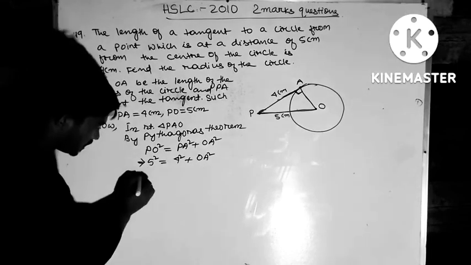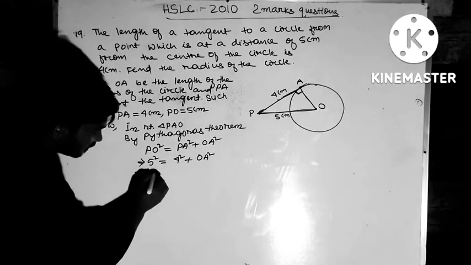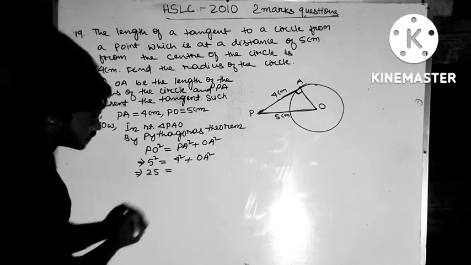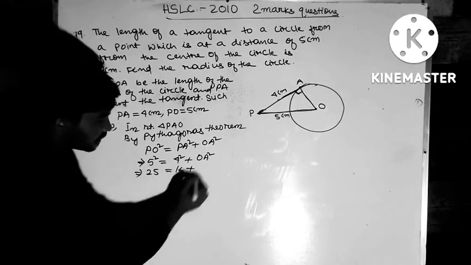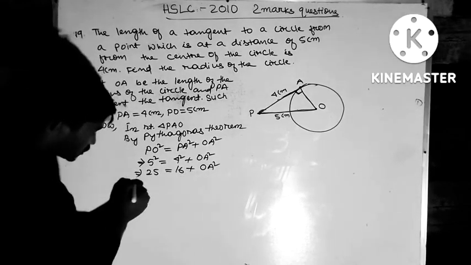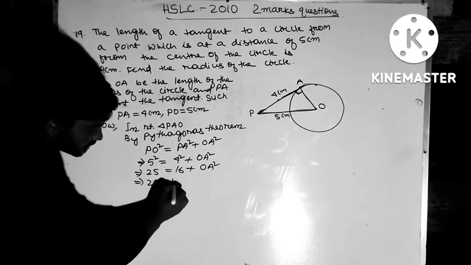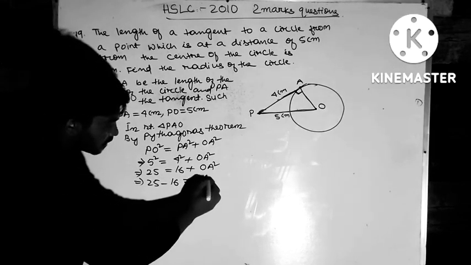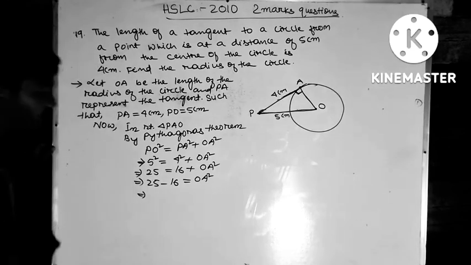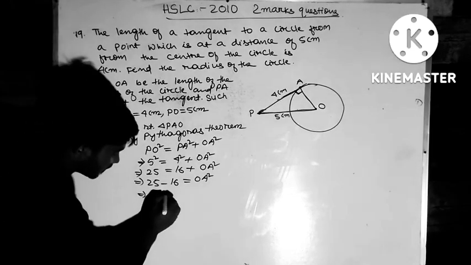The value of 5 square is 25, the value of 4 square is 16. So 25 minus 16 is equal to OA square. So 25 minus 16 is of course 9.